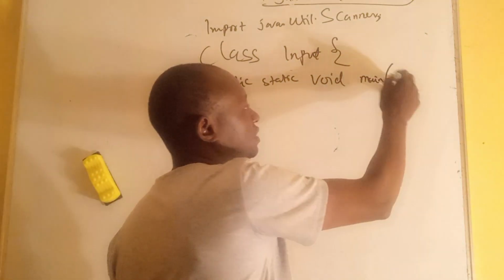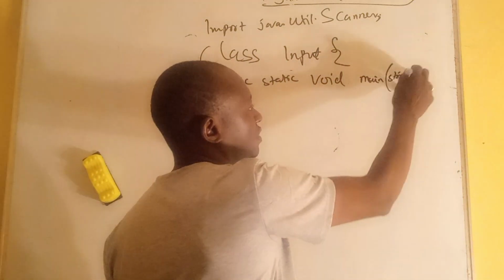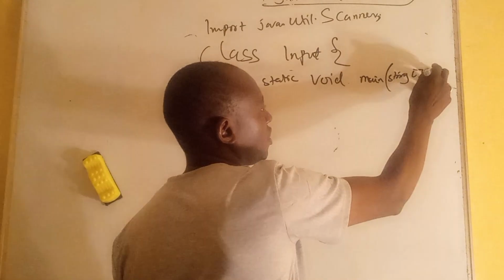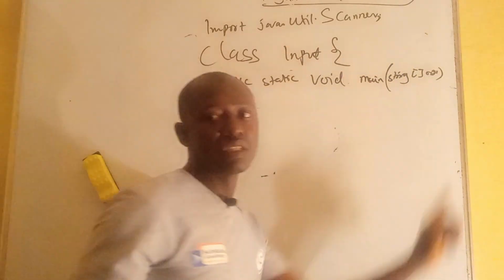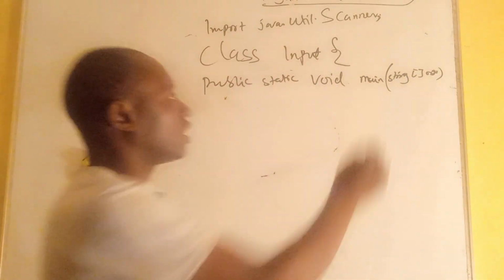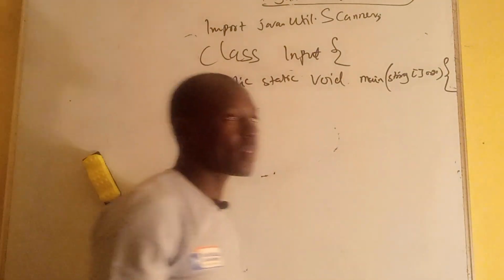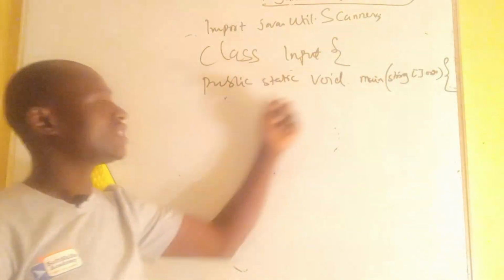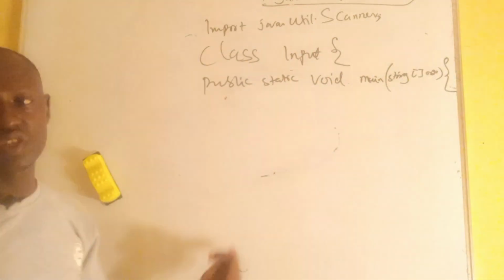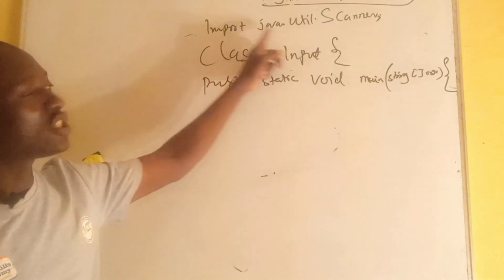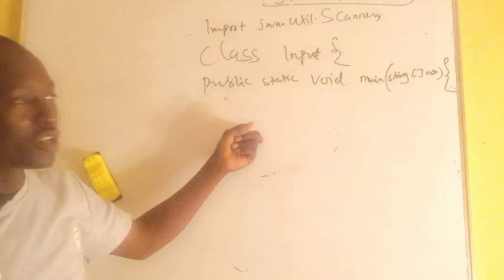There's a space between static and void. Public static void main, and you have your String args, then your curly braces. Make sure that if you're closing these curly braces, you close them here. So this you import them.